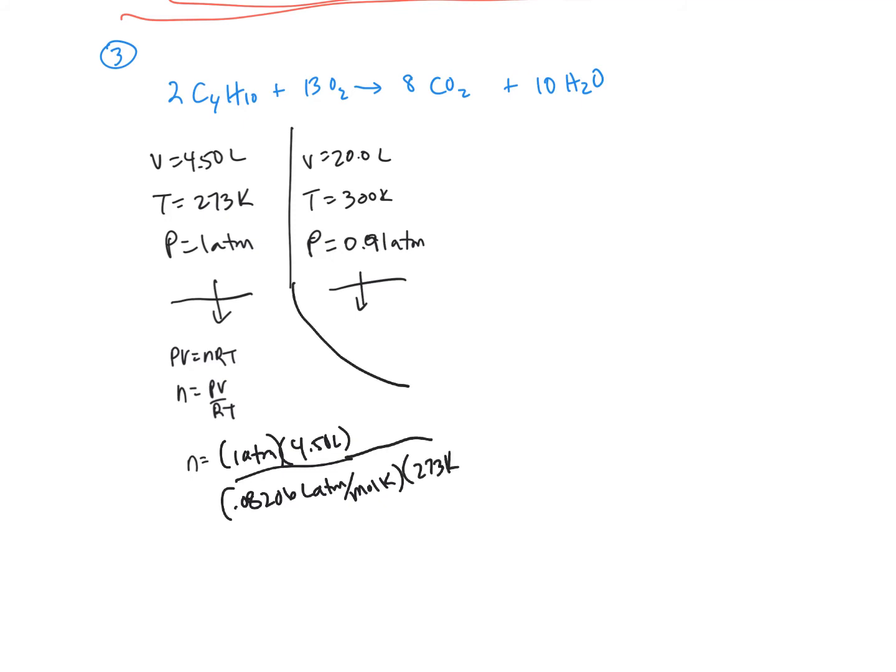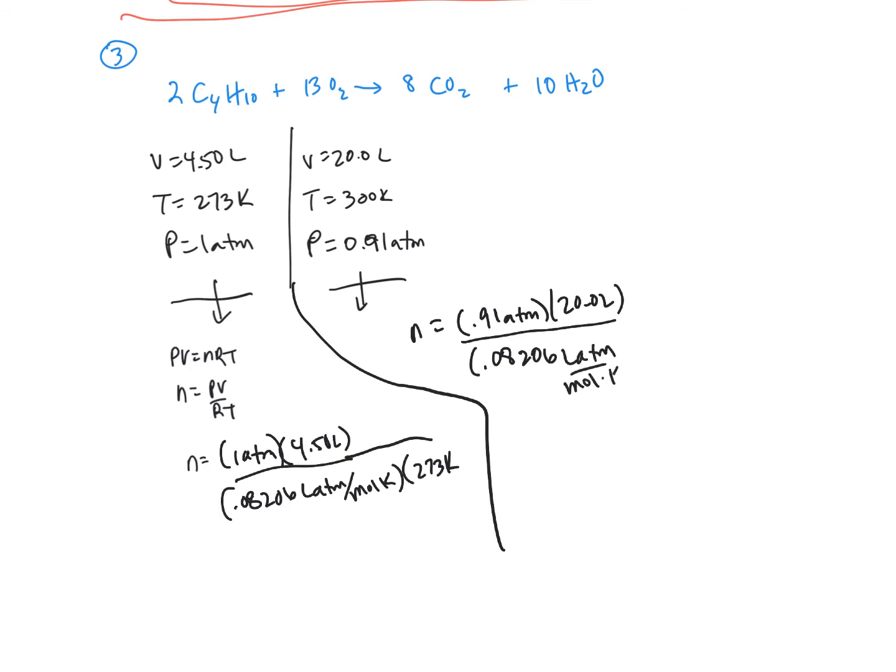So that would be the first one. The second one, n, would be equal to pressure, which is 0.91 atmospheres, times volume, PV, divided by RT. So volume is 20 liters, R is 0.08206 liter atmosphere per mole Kelvin, and then the temperature here is 300 Kelvin.